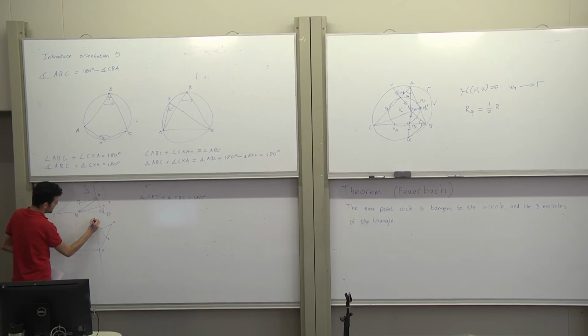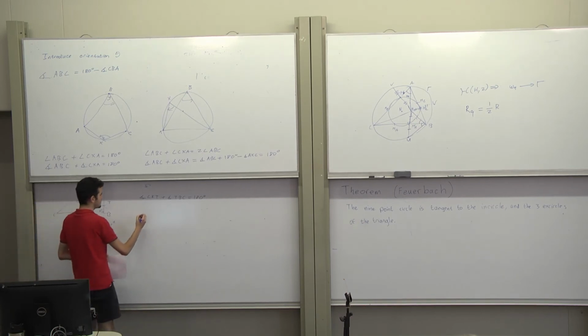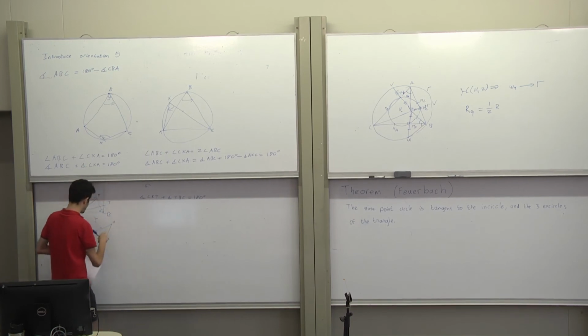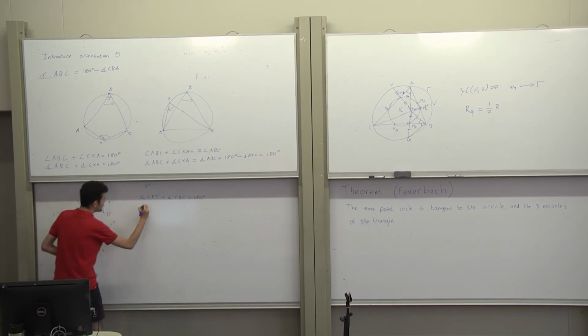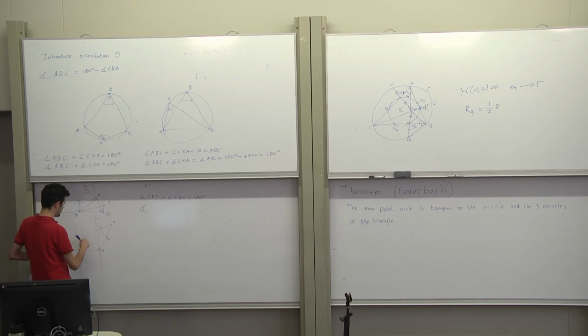So what, this is T, I think. So that means that. But if we look at what this means over here, we will have that angle CKT. What's K again? K is the split here.